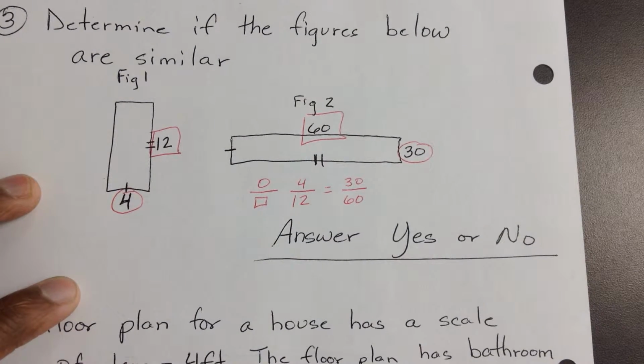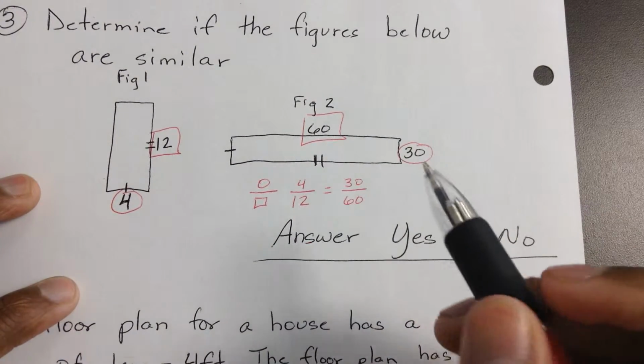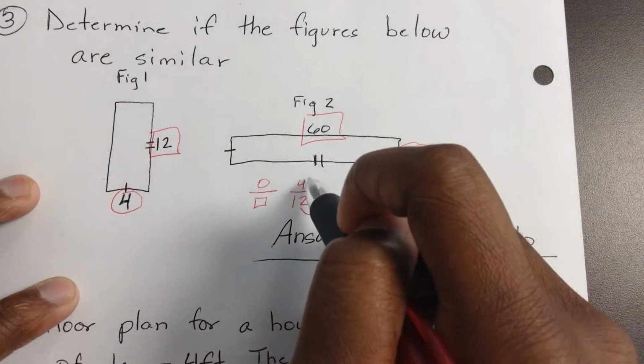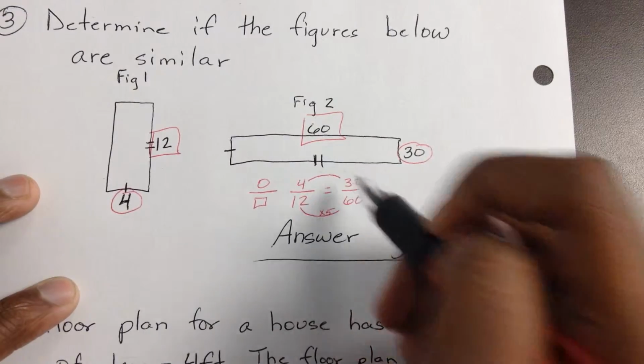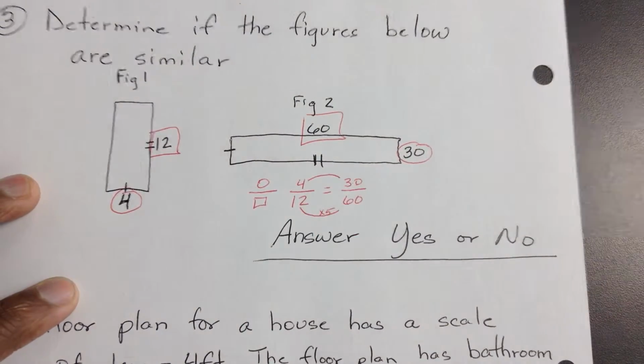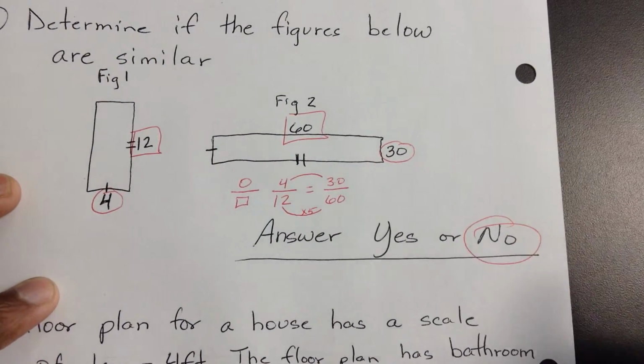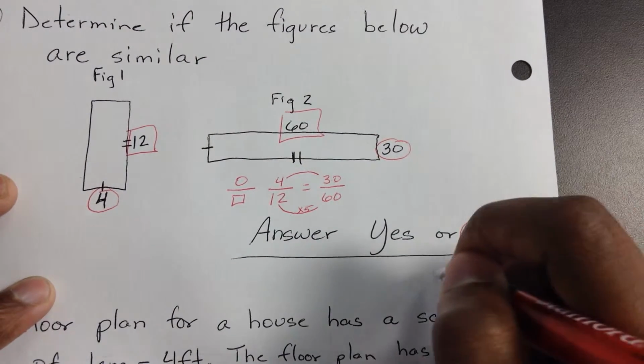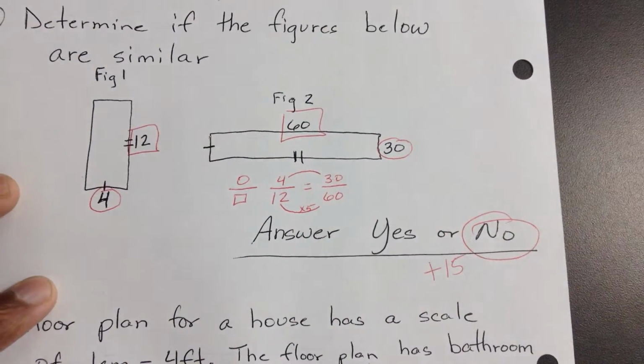So I'm looking for a relationship. I can cross multiply, or I can realize 12 times 5 is 60. 4 times 5 is not 30. So the answer to this question is no, they are not similar. If we got it right, plus 15.